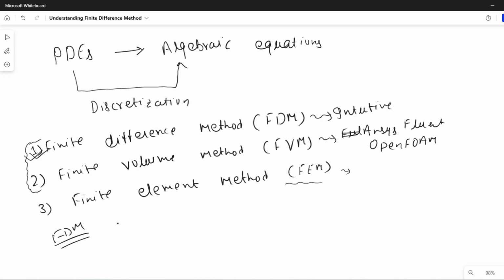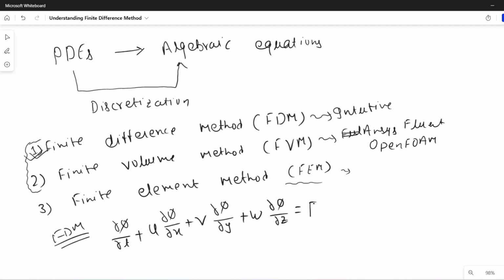Suppose we have a PDE for general transport equation, that is ∂φ/∂t plus u, that is x direction velocity, this will be multiplied by ∂φ/∂x, plus v, this is my y direction velocity, ∂φ/∂y, plus w, ∂φ/∂z. w is my z direction velocity.